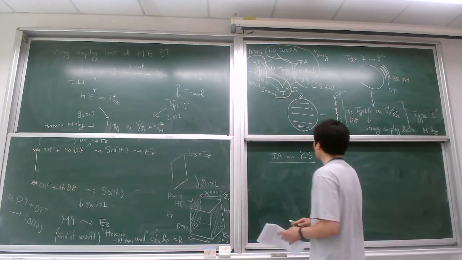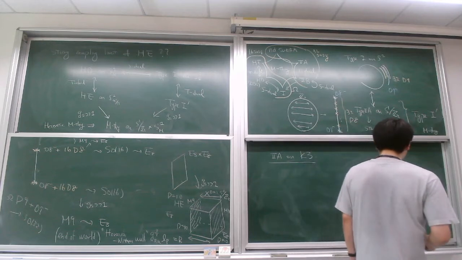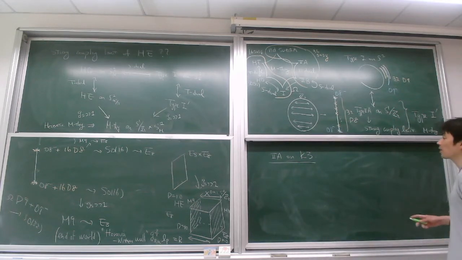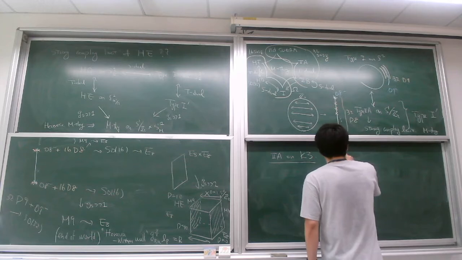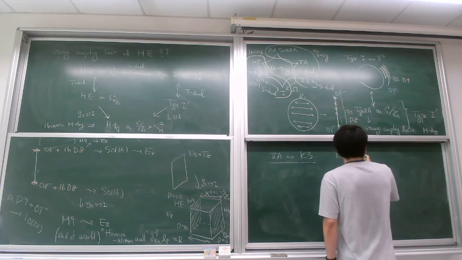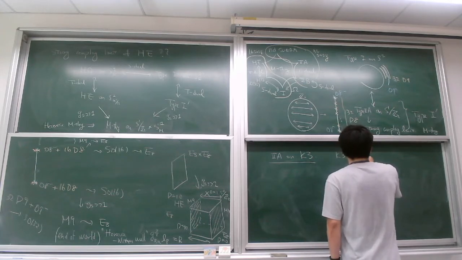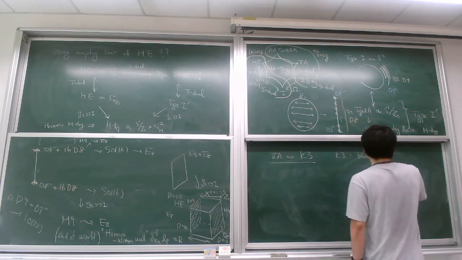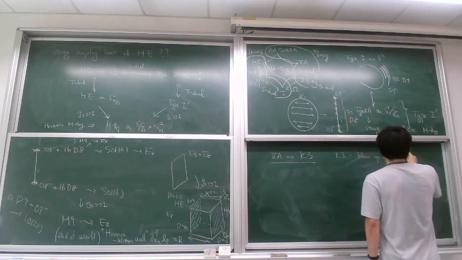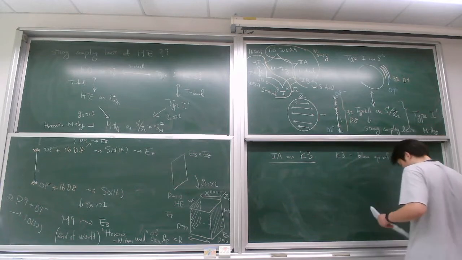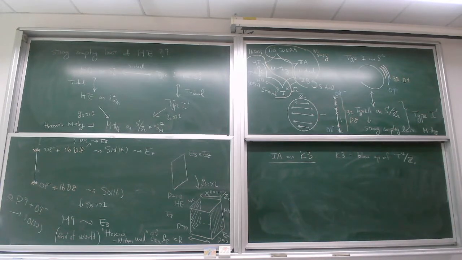So we are considering the K3 surface. K3 is essentially a blow-up of T4 modulo a discrete group. Anyway, it's some quotient of the four-torus.